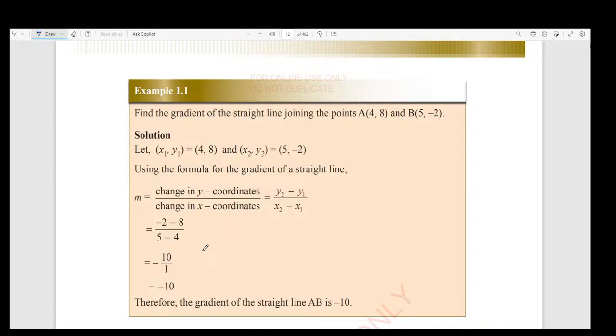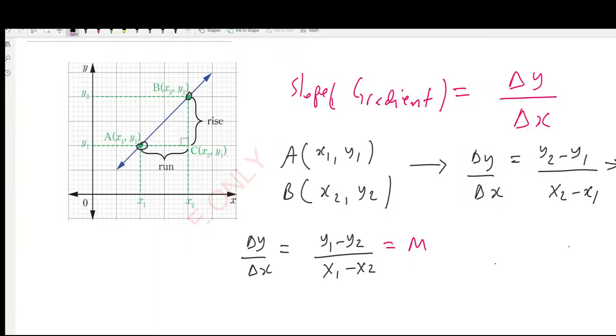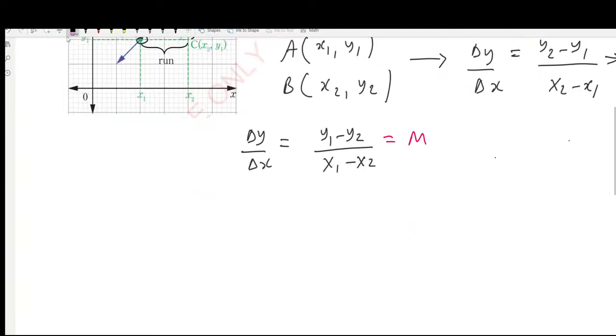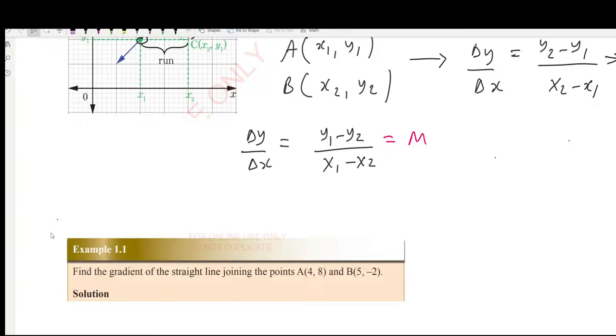So we are going to dive into an example, and with this example, let us see how we can find the slope.